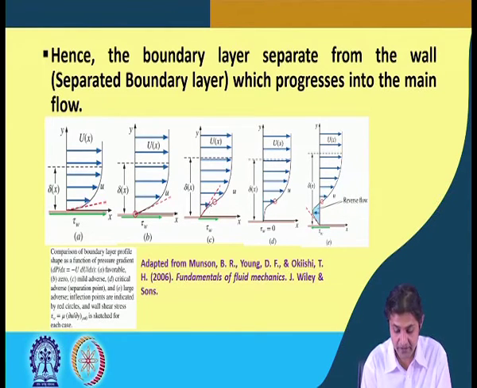C is mild adverse, because this is a different pressure gradient, you see. D is critical, and the fourth is large adverse, you see the pressure gradient dP/dx.